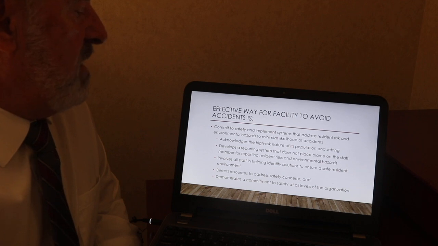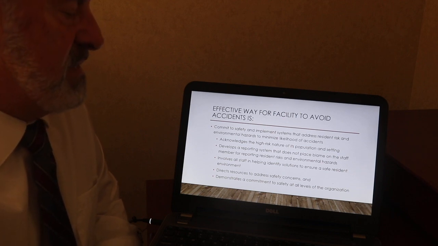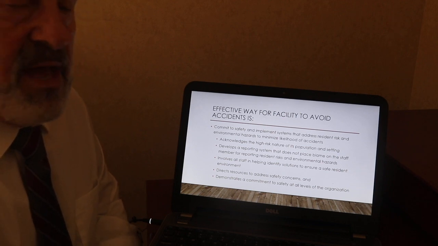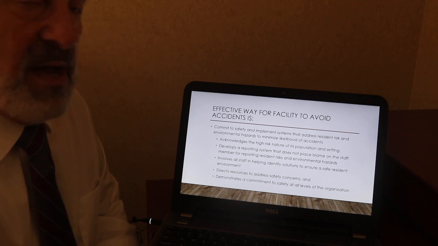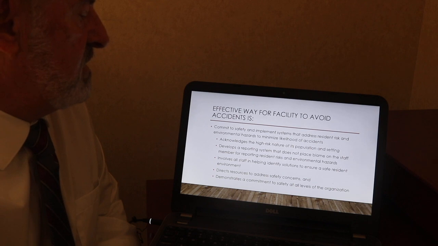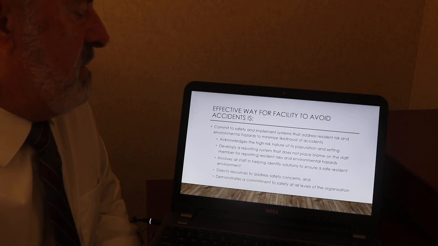Effective ways that you can avoid accidents: commit to a safety and implementation system that addresses residents' risk and environmental hazards to minimize the likelihood of any accidents. Acknowledge the high-risk nature of your population and the setting.